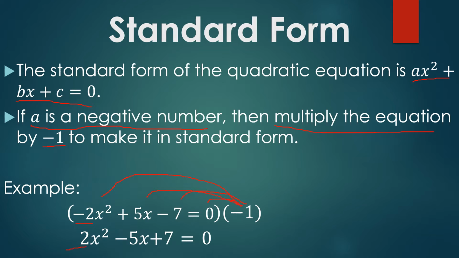Now, this is our final answer, because it is now written in the standard form and the value of your a is a positive number. That is how we are going to write a quadratic equation into standard form.